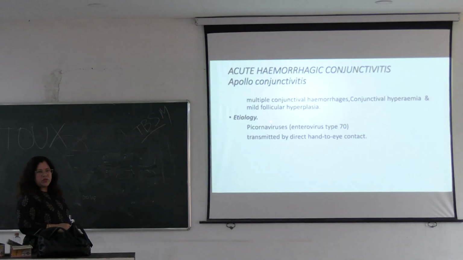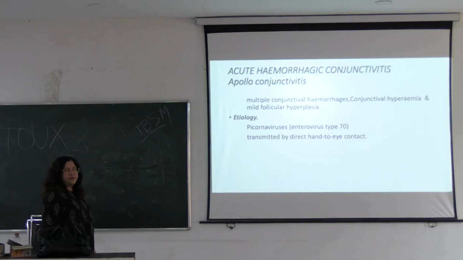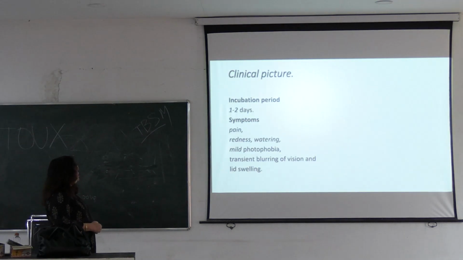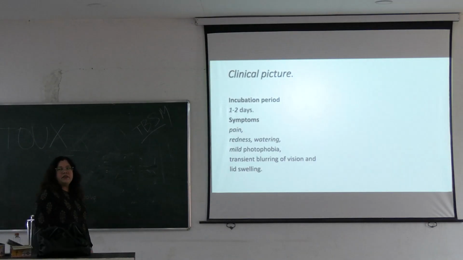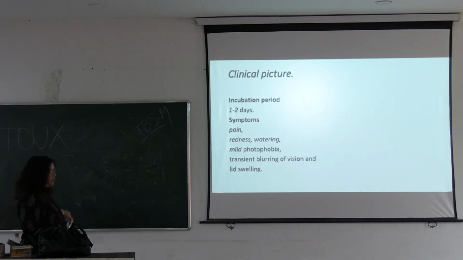It is caused by the picornavirus and transmitted by direct hand to eye contact. Its incubation period is 1 to 2 days. Symptoms are pain, redness, watering, mild photophobia, transient blurring of vision and lid swelling.